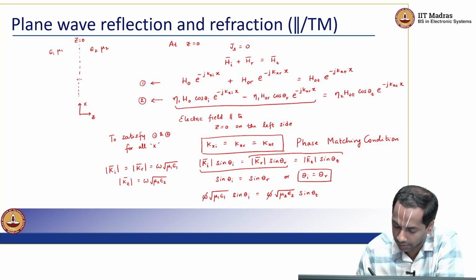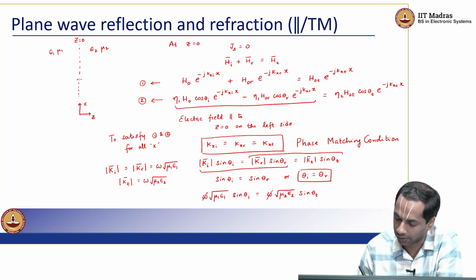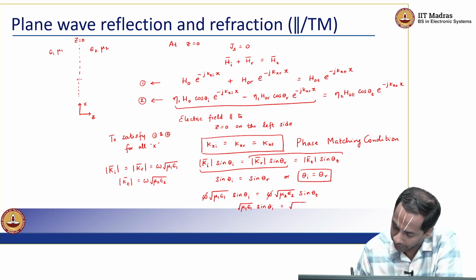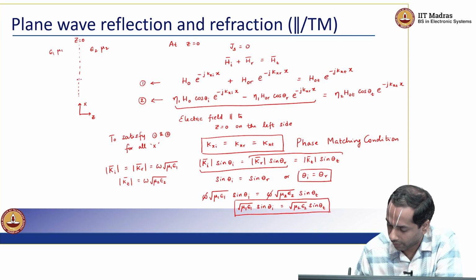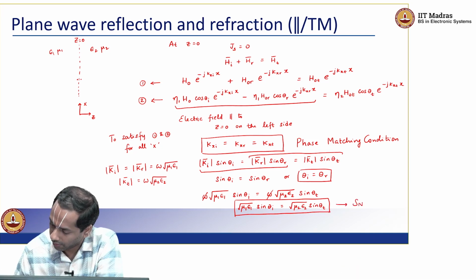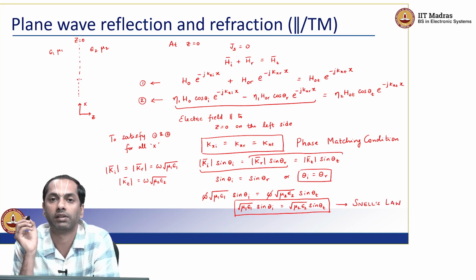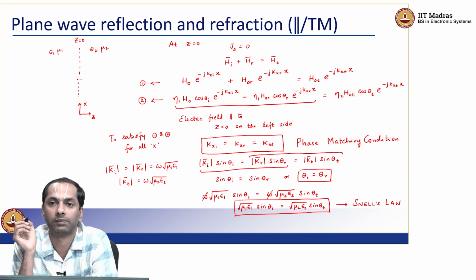Okay, so the omegas cancel, and you can say that square root of mu 1 epsilon 1 sin theta I equals square root of mu 2 epsilon 2 sin theta t. So, this is the most comprehensive Snell's law.